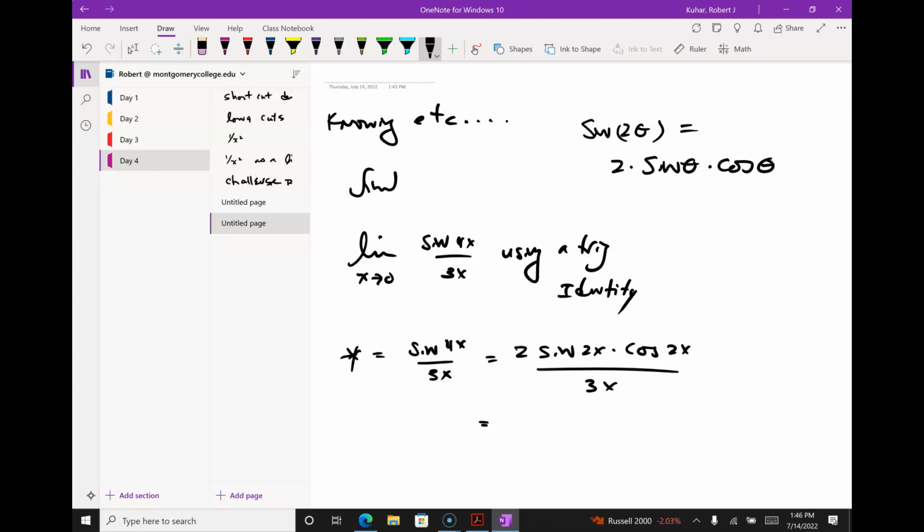I don't have what I want yet. What do I want? Sine x over x, right? So I don't have what I want. So what can I do? What can I do with this?